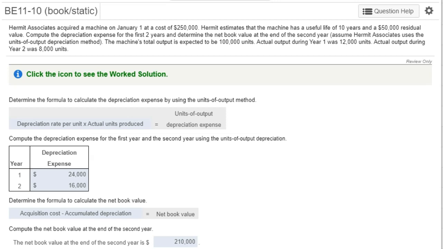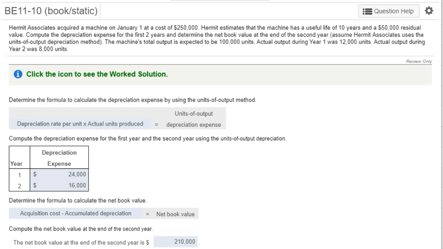This time we're going to divide not by useful life in years, but the estimated output. In this case, it's 100,000 units. So over its life, we expect to make 100,000 units with this machine. 200,000 divided by 100,000 gives us a rate of $2 per unit.